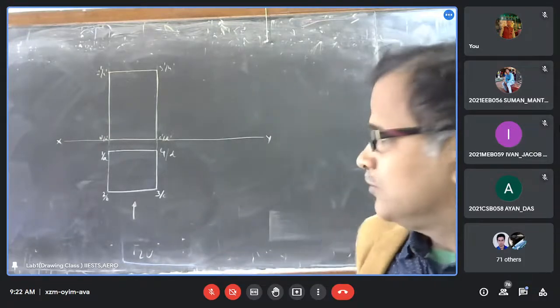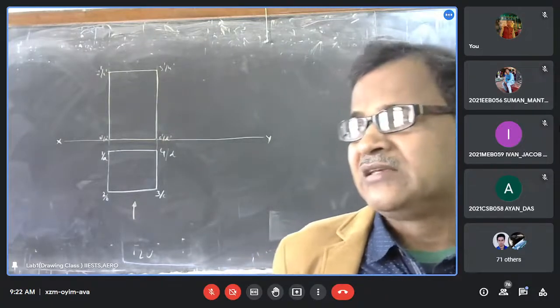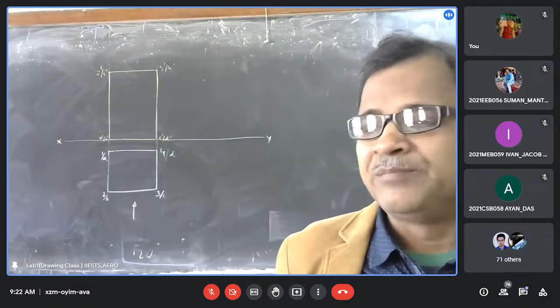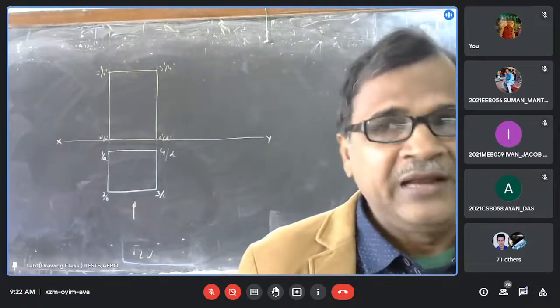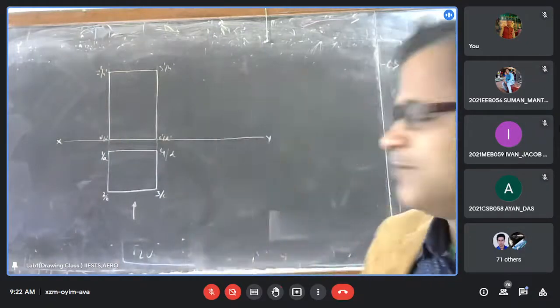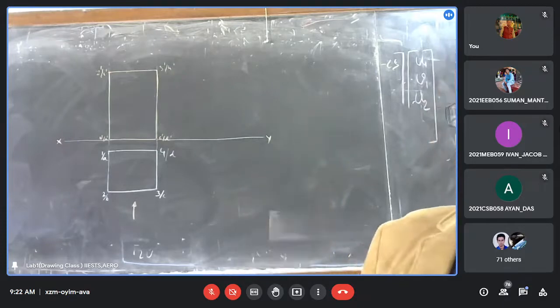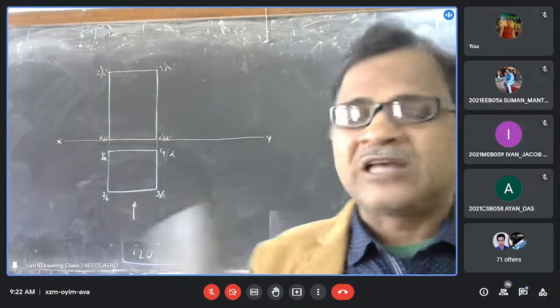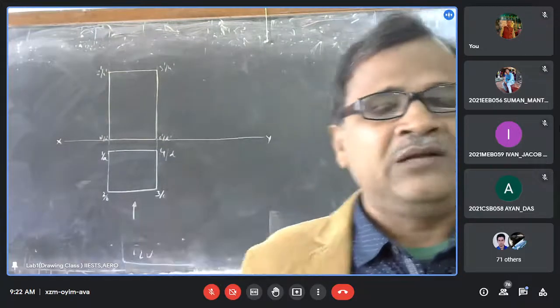But we want to add some other condition, that a rectangular surface is making some angle with the horizontal plane. Then can you tell me, is it possible that the base surface is wholly resting on the horizontal plane?